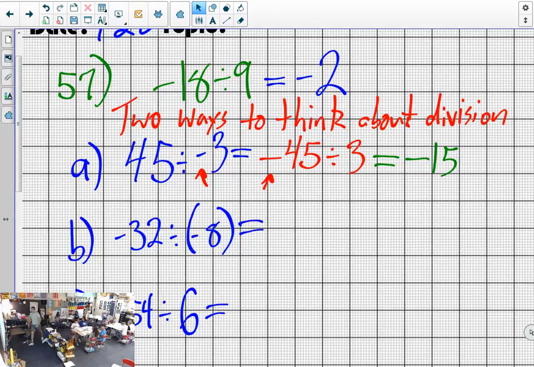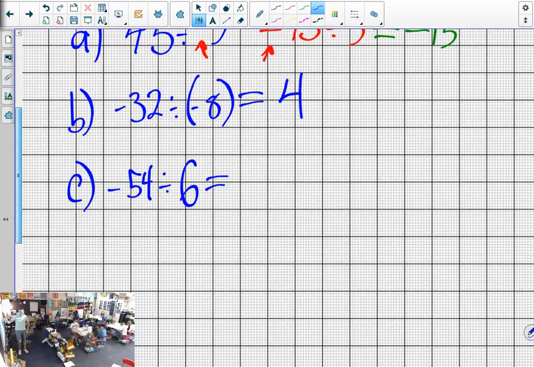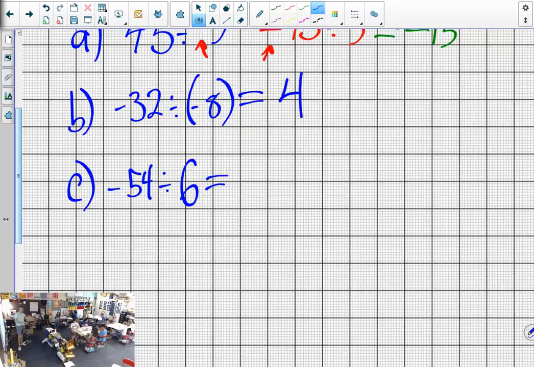Alright, so outside we talked about b equaling 4, because if I make groups of -8, I will make a positive amount of countable groups. Can anybody talk me through C? How you think it through? -54 divided by 6.